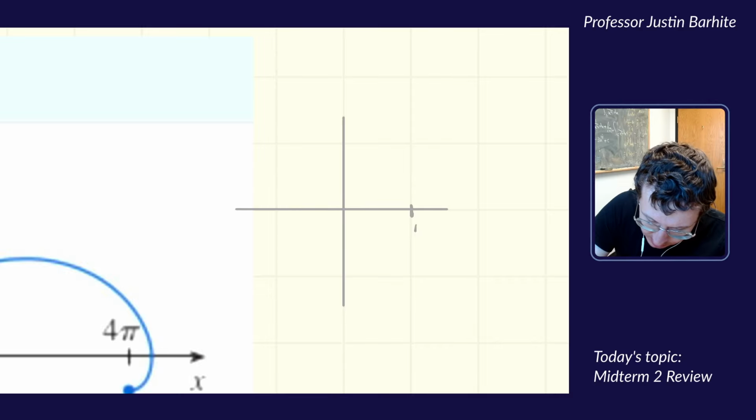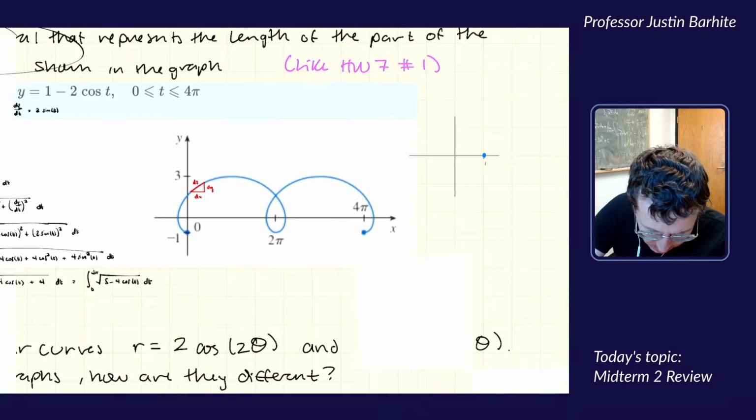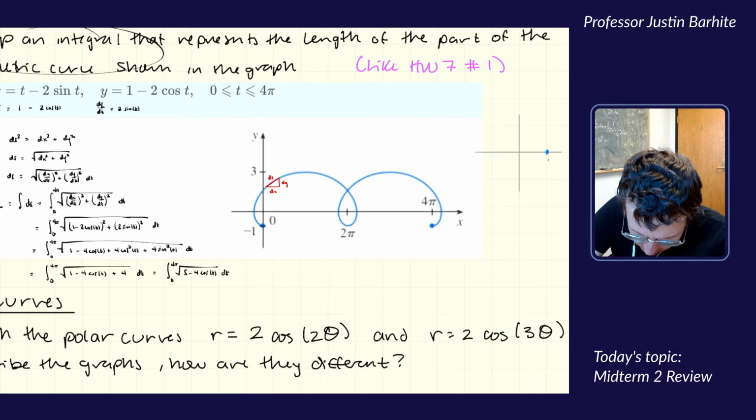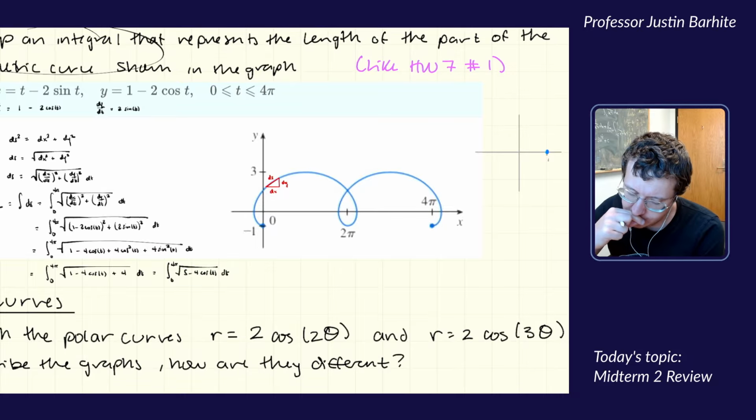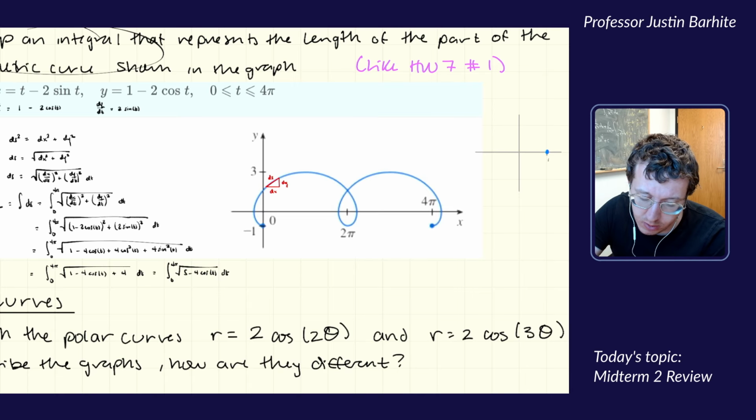Okay, so when theta is 0, the radius is 1, and then as theta increases, cosine goes down to 0 at pi over 2, but that's actually going to happen at pi over 4 now.